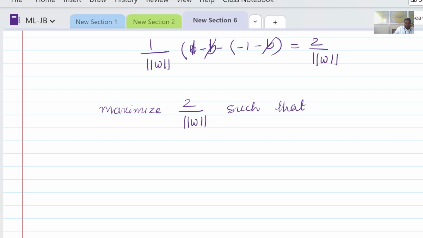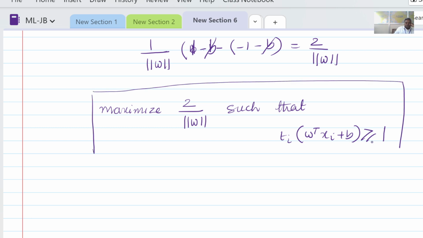Subject to the condition that Ti into W transpose into Xi plus B is greater than or equal to 1. So I want to find the W value which fulfills these two conditions: 2 by magnitude of W should be maximum, and this constraint should be fulfilled.